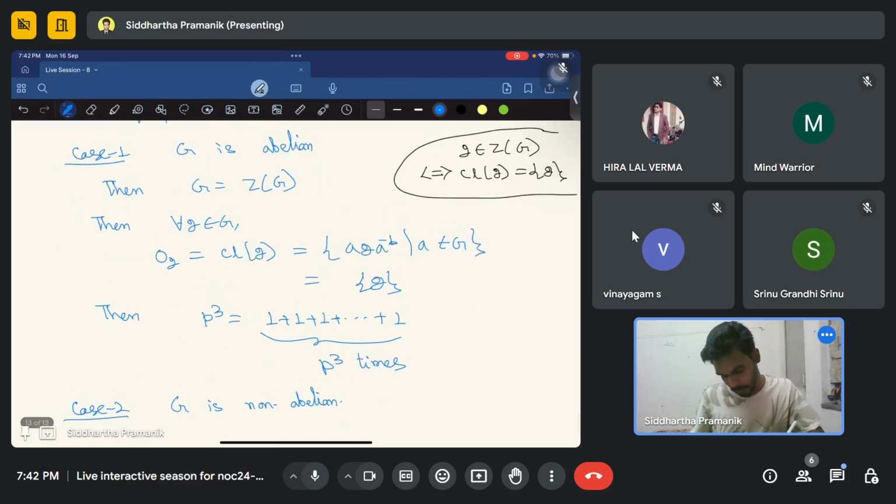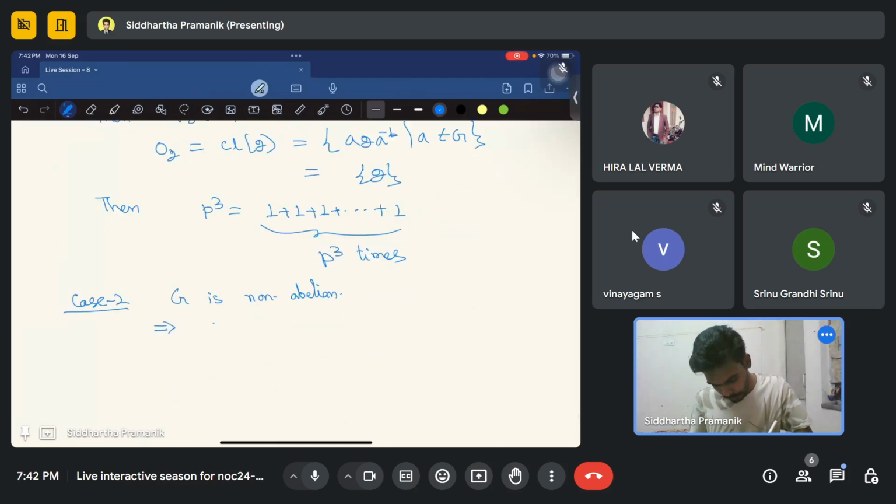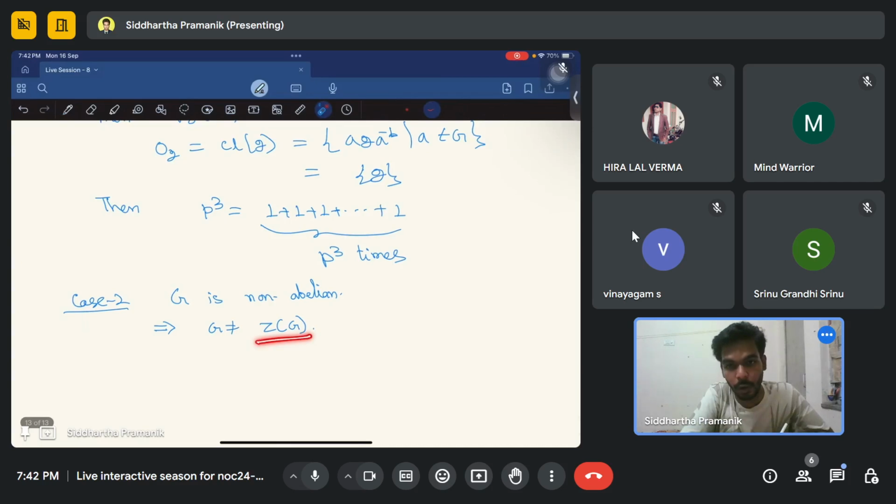That means G is not equal to Z(G). So what are the possible orders of Z(G)? Can you find it?